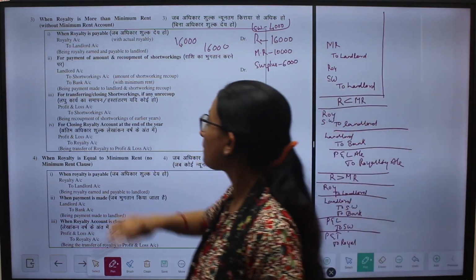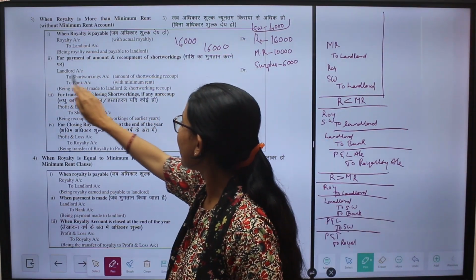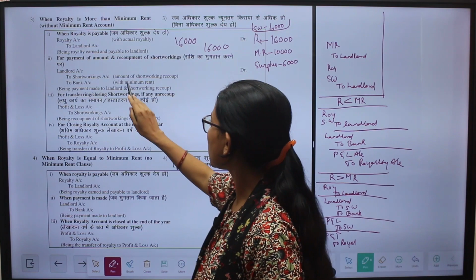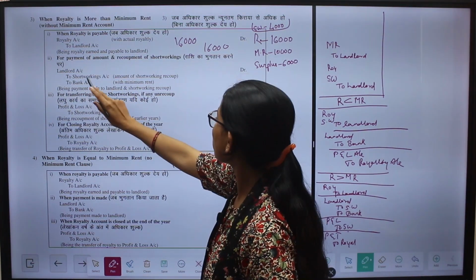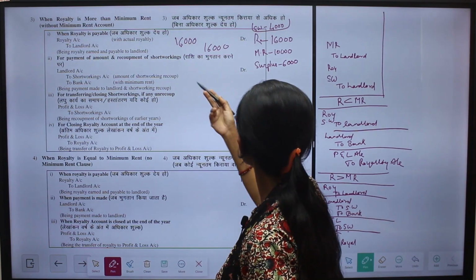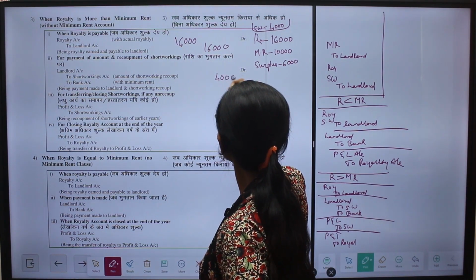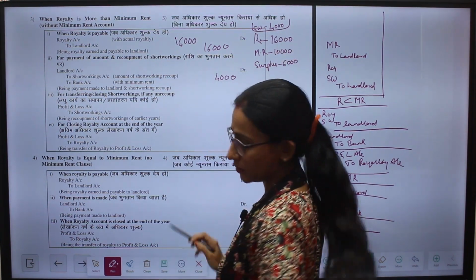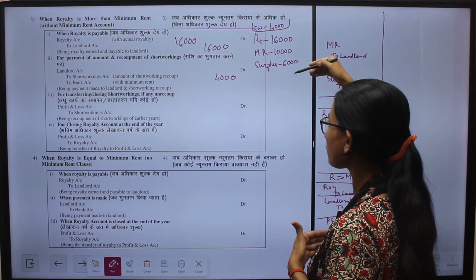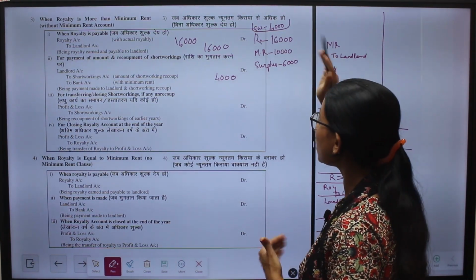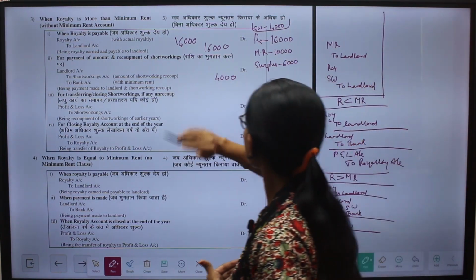When making the payment to the landlord, we will pass the entry: landlord account debit, to short working account, to bank account. So short working account will be credited with the recoupment amount. How much can we recoup? 4,000 rupees, because the short working incurred was rupees 4,000 and we have a surplus of 6,000. So we will only recover the short working amount, that is 4,000 rupees.